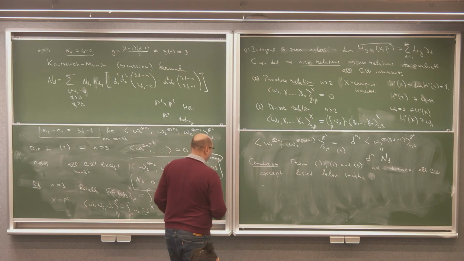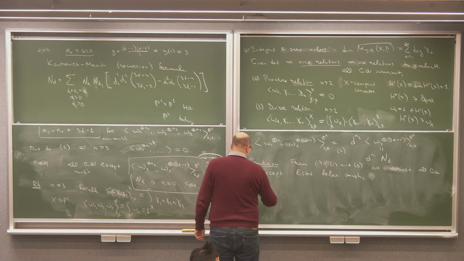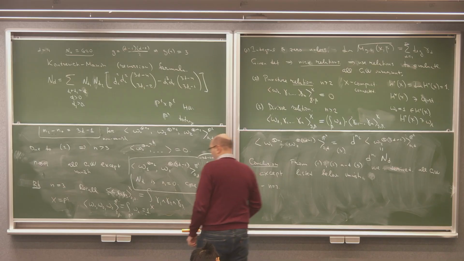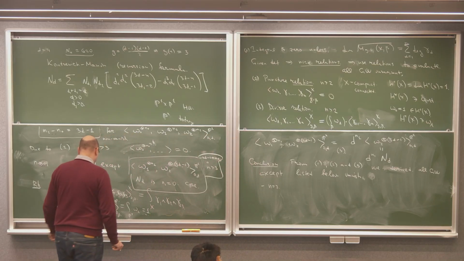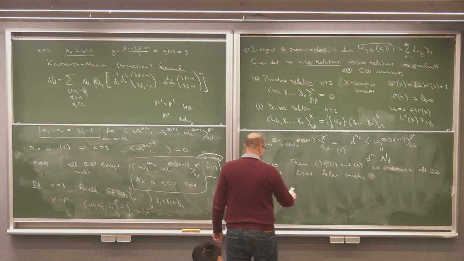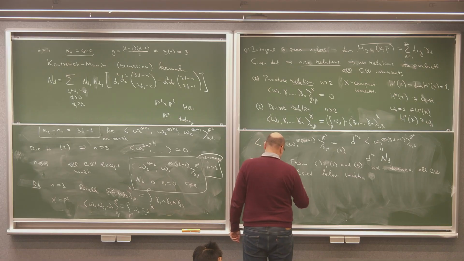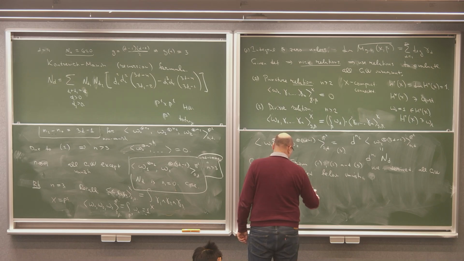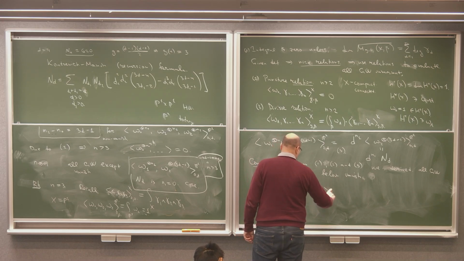There are two types of invariants. One case is the n equals 3 case, when we have a degree 0 invariant. Let me write all of them. We have omega 0, omega 0, omega 2, which is 1, genus 0, degree 0.